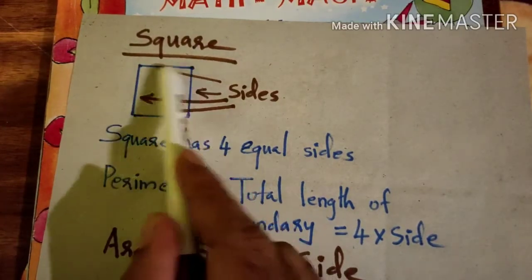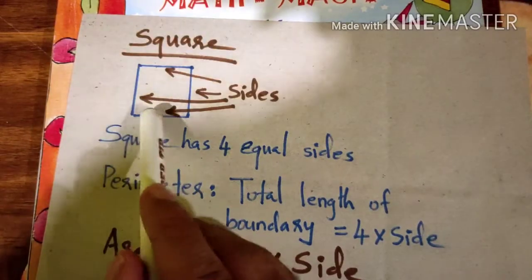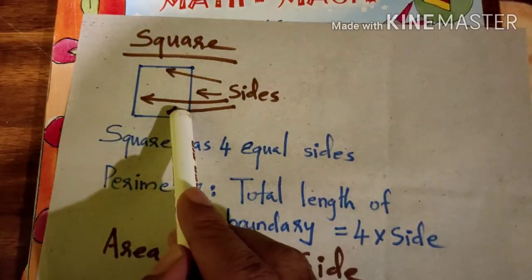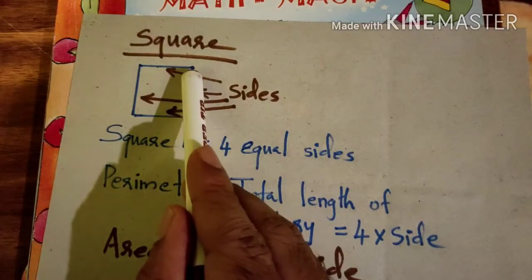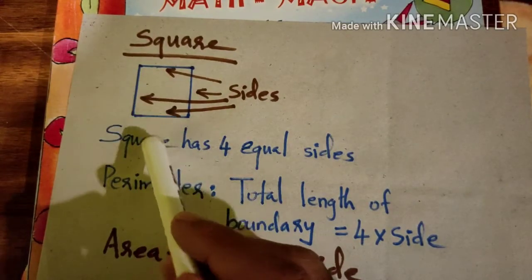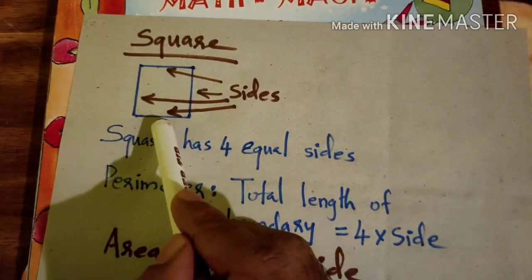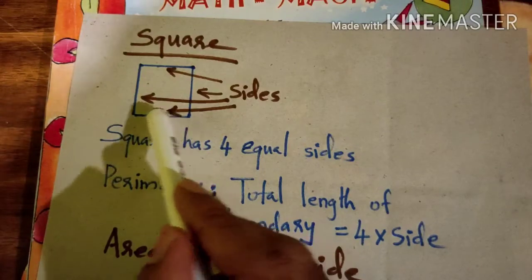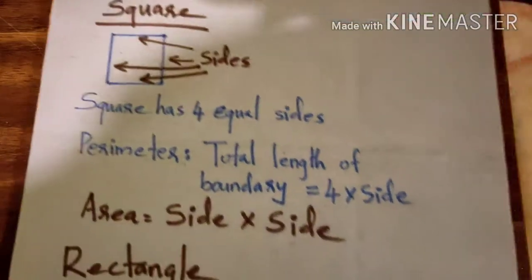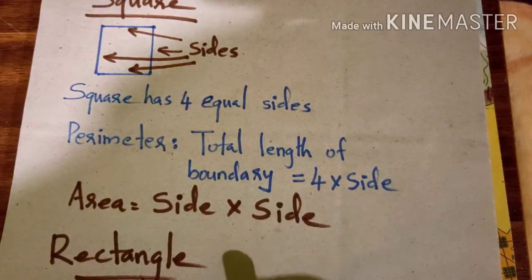Sum of this side plus this side plus this side plus this side, which means 4 into 1 side. All sides are equal, so 4 into 1 side, which is written over here as 4 into side.